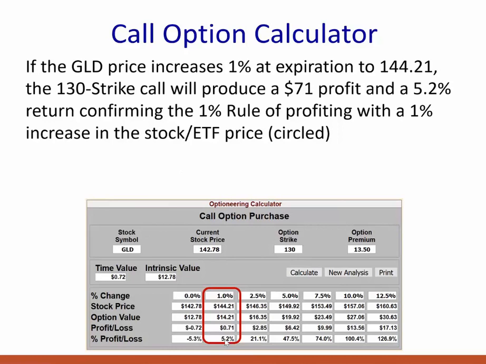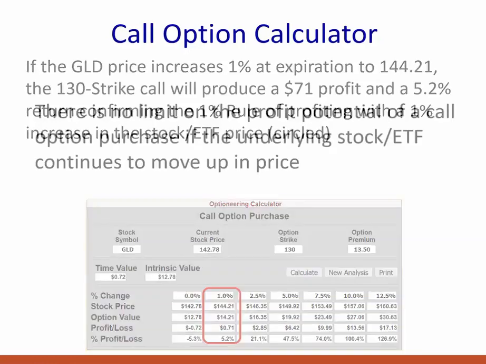So our 1% rule requires a 1% move in the underlying stock to produce a profit. So this confirms that the 130 strike price that we selected complies with the 1% rule, because if the GLD is up 1%, we're going to have a 5.2% profit in the trade.